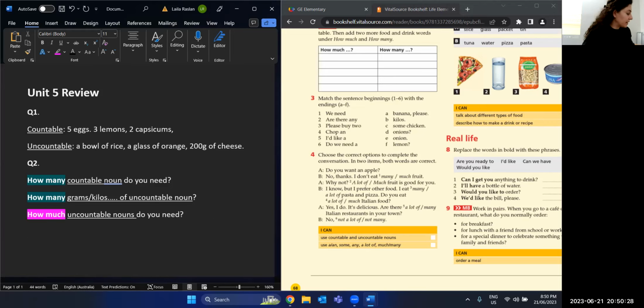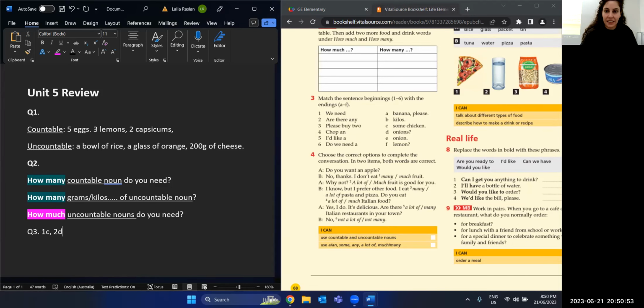Any is used with plural. Yes, onions. So we have 1C and 2D.